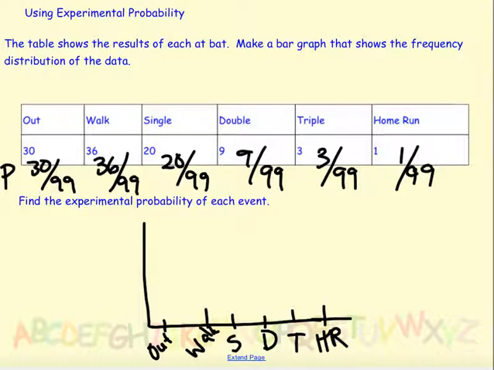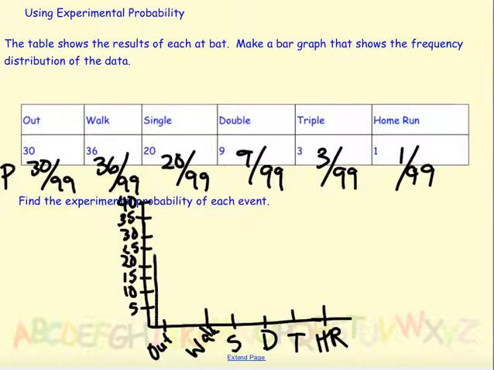Well, we have a total of 99, so we want to go all the way up to 36. So I'm going to go by 5s. Okay, so for our outs, there are 30 of those.